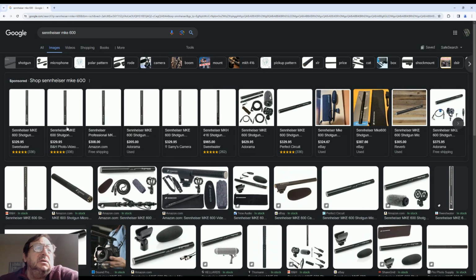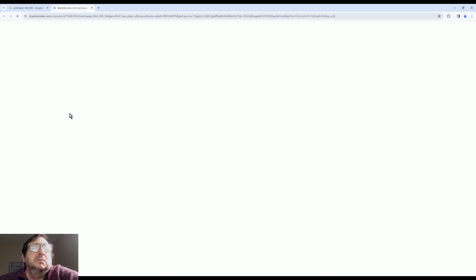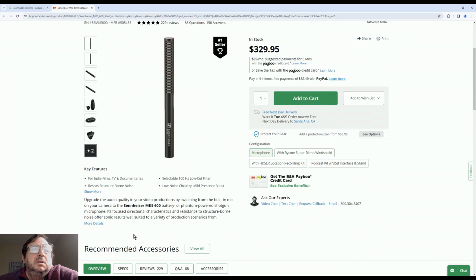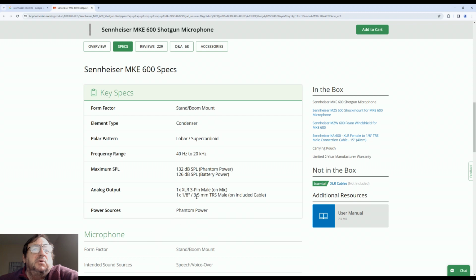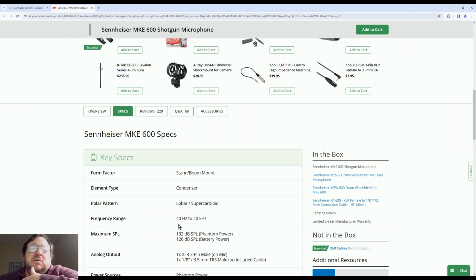Now Sennheiser, let's see. Yeah, 3.5. This one, I like this one because you see it has 40 to 20. Those kind of shotguns would be harder to find. That's not a big kind of microphone for studio.